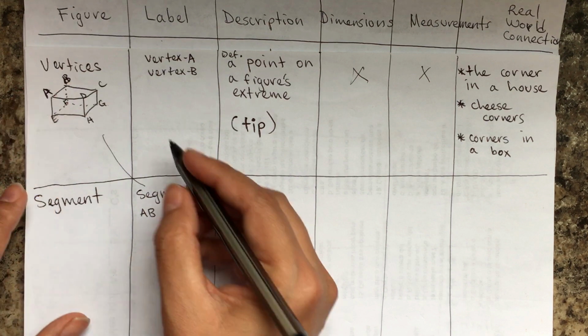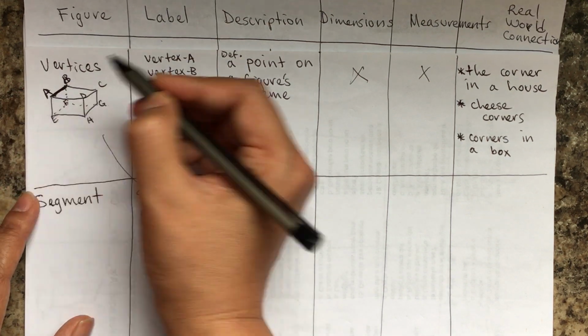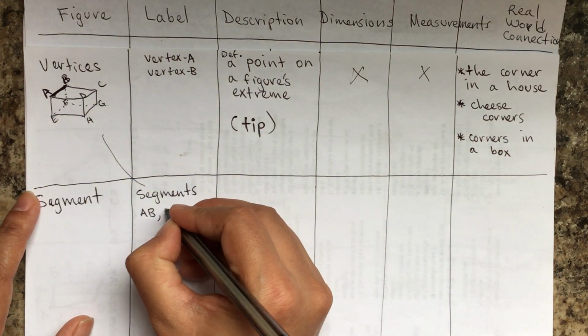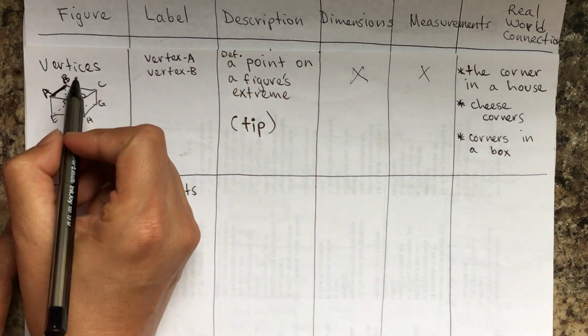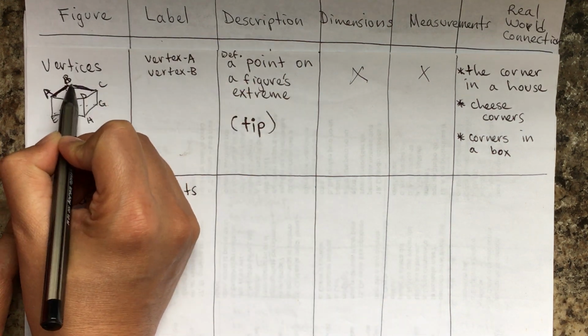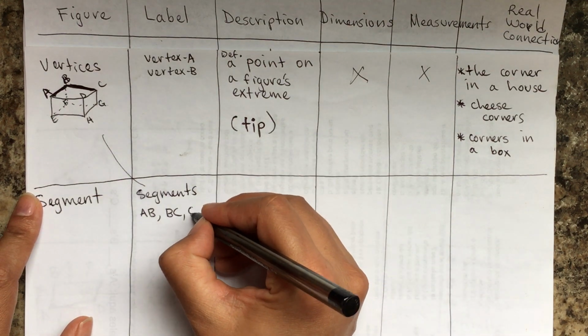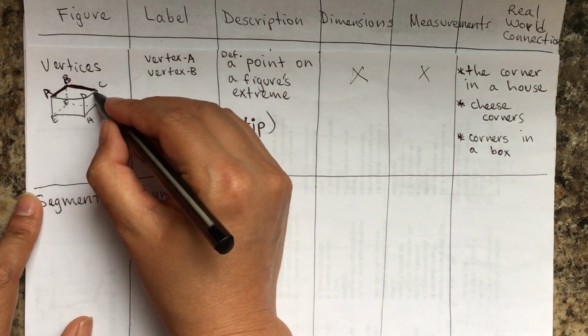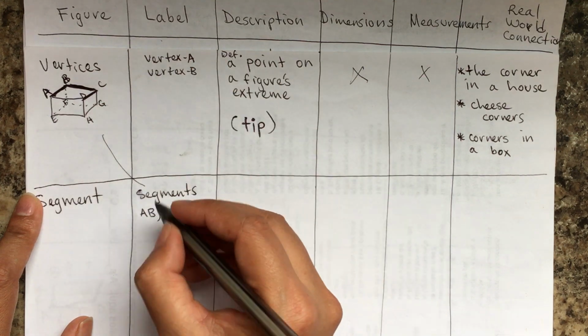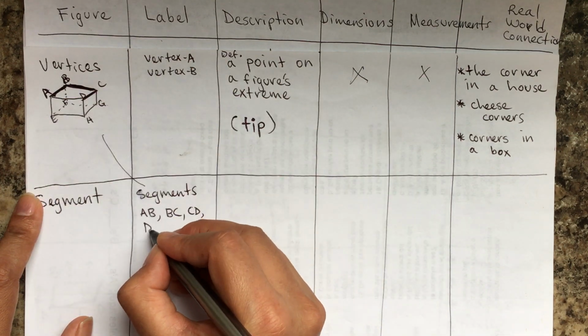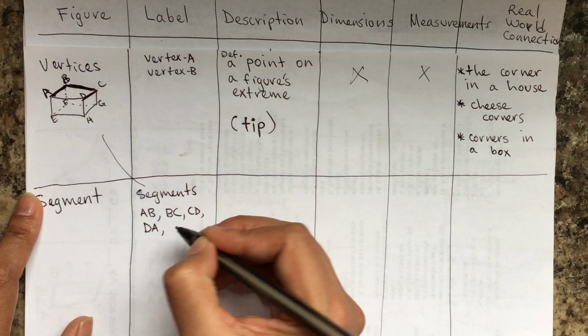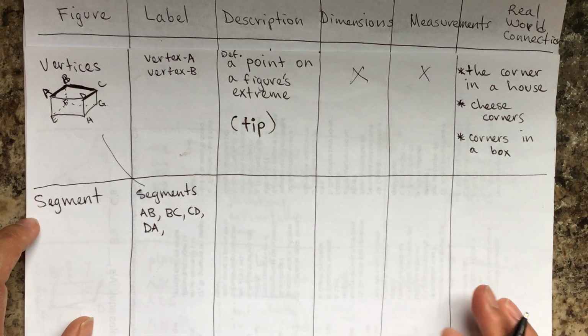So from here to here, it's talking about this right here. BC. So we're not talking about this segment right here. CD, right here. And then DA, or you can call it AD, it doesn't matter.